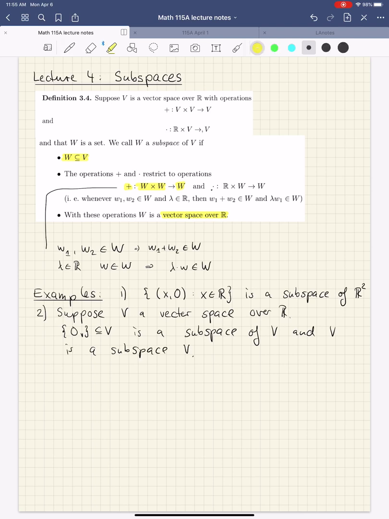So note here, right, the subset thing, it includes being equal to the whole thing.